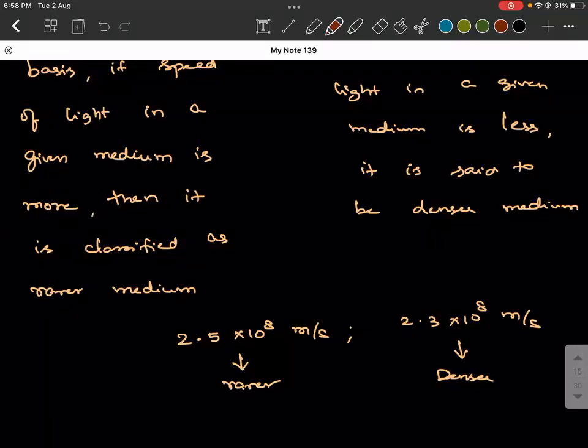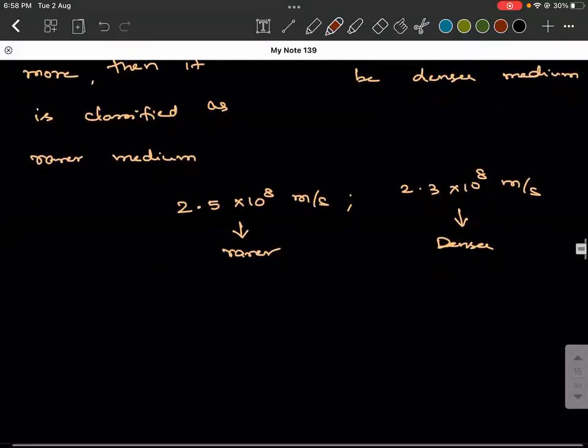Because the maximum speed of light is fixed. It is 3 into 10 power 8 meters per second, which is not possible to be more than that. So when you take both the media, you can only do a comparative study and say which is rarer compared to the other. So you say medium 1 is rarer compared to the second medium, and medium 2 is denser compared to the first medium. That is the meaning of it.